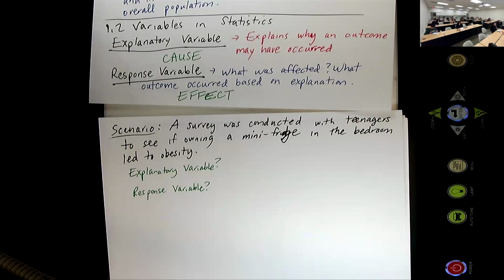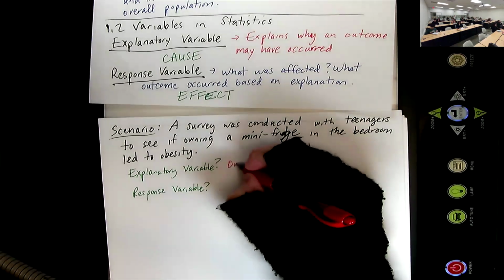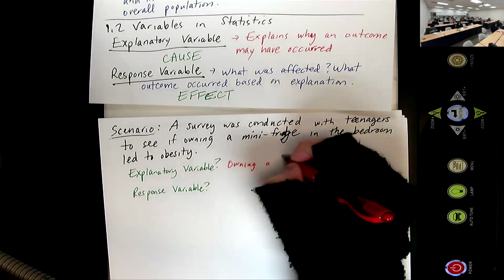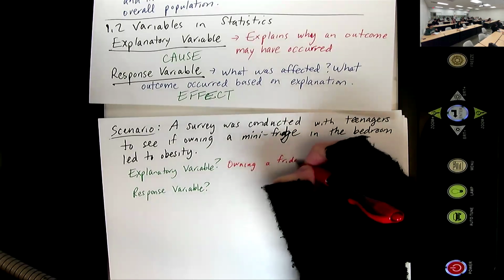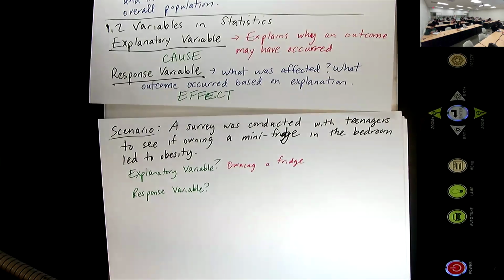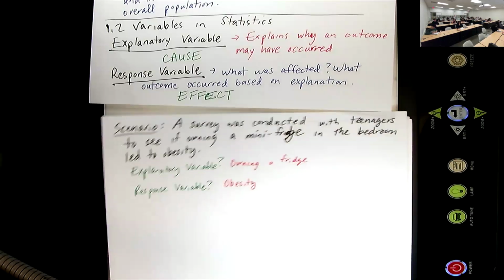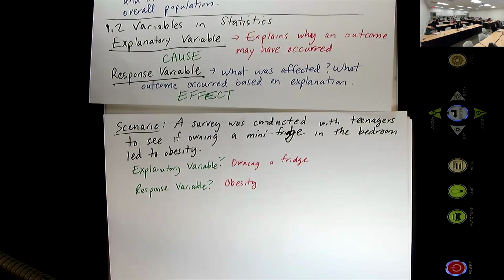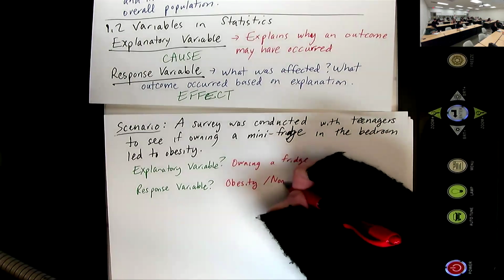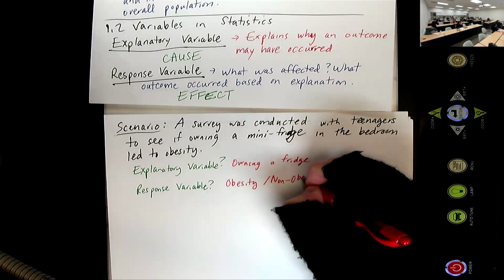The fridge. Owning a fridge. They're gonna use that to try to explain why someone was obese, or I guess non-obese is the other option.